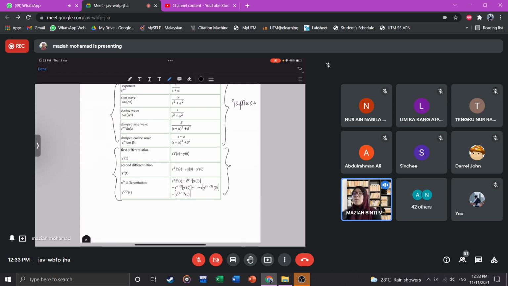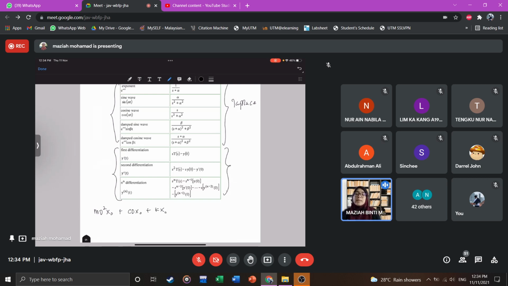The most important is this part here, because we are going to transform ODE into Laplace. For example, in the equation just now, we have m d square x naught plus c d x naught plus k x naught. I just take one side of that.